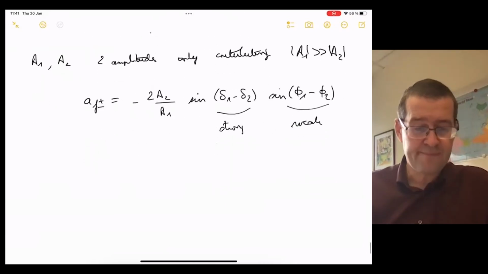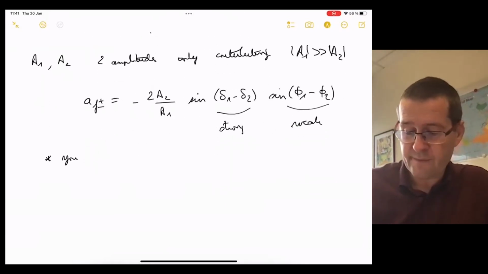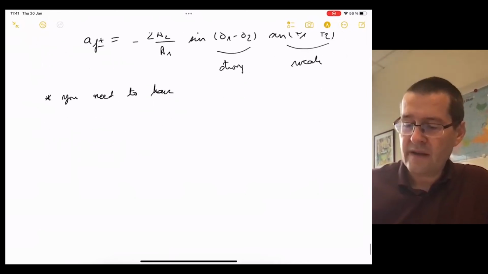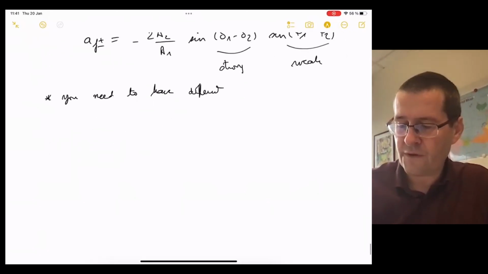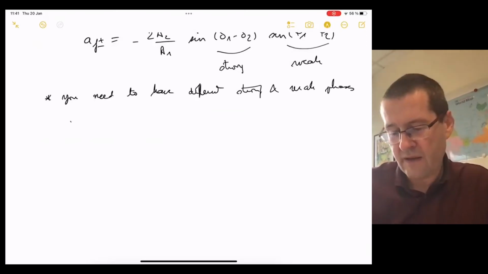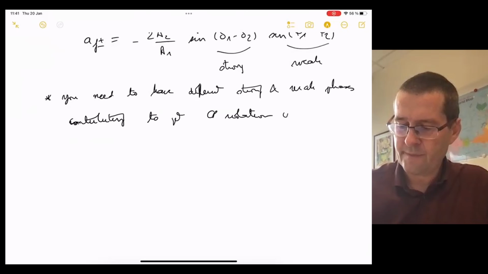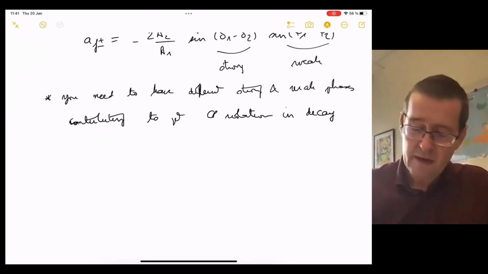So that's telling you that you need different strong and weak phases contributing to get CP violation in decay.